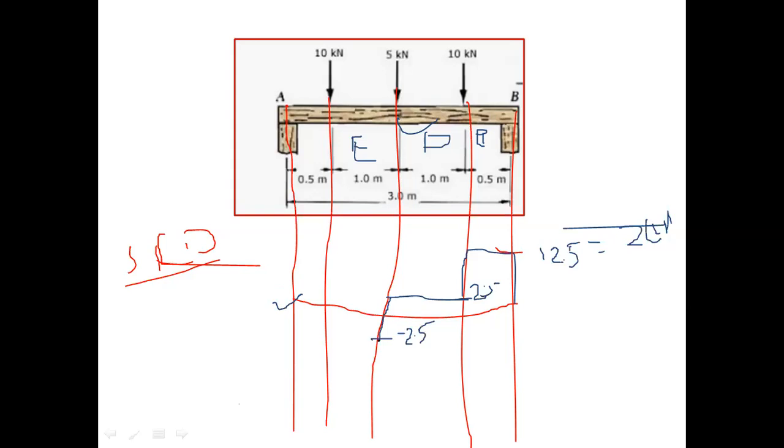And again, no load between D and E. Then draw a straight line. What is the value at E? We can already find out the value at E, minus 12.5. Then draw the minus 12.5 and just join this line.